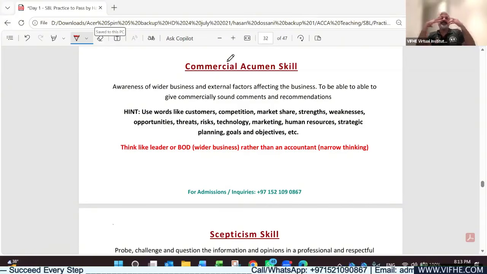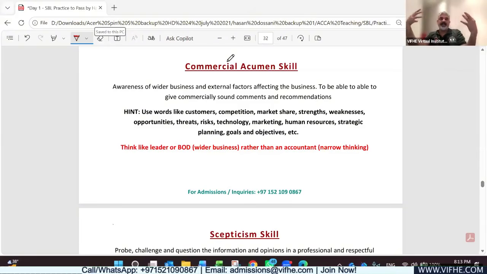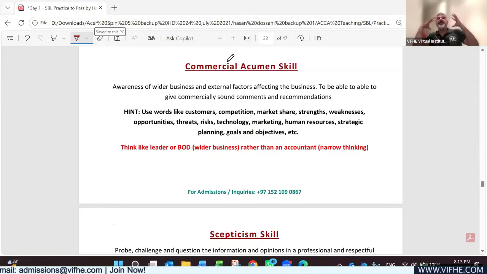Correct? Commercial acumen means that other than finance, you should be able to understand the other business functions, business activities, business knowledge. Is that clear? That a finance professional should be able to understand the other aspects or functions of the business, the big picture.